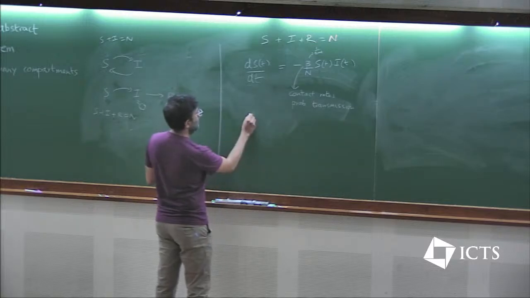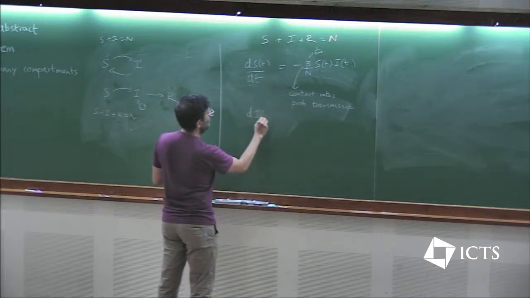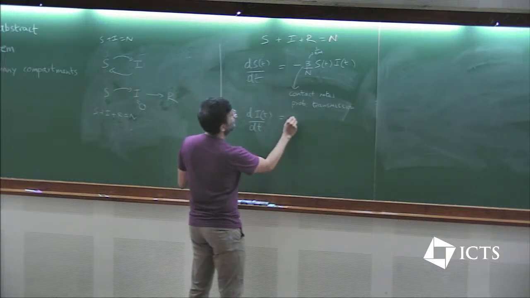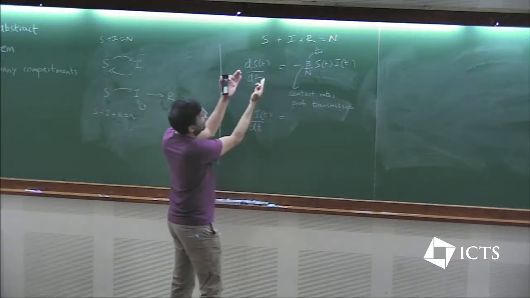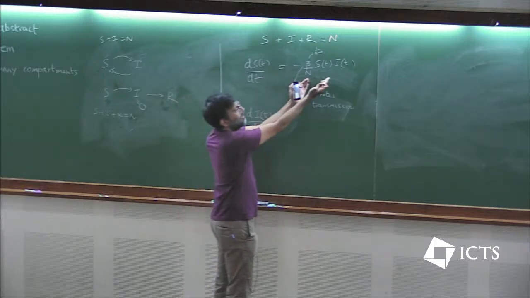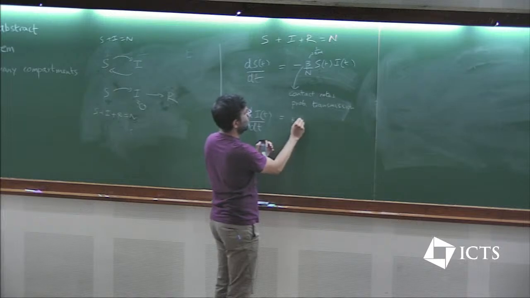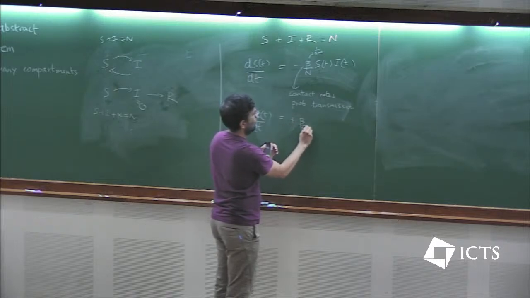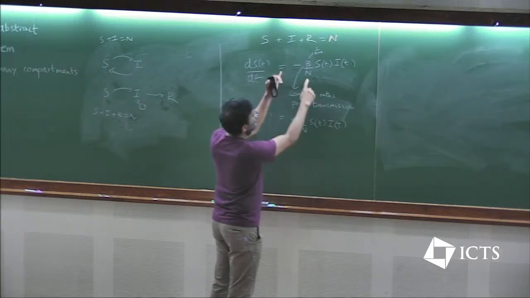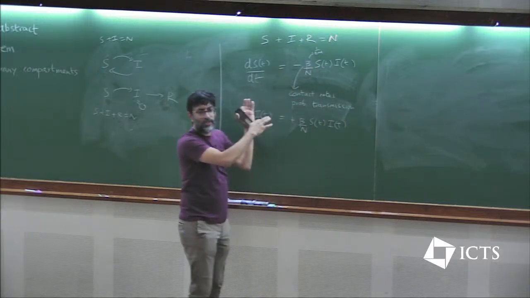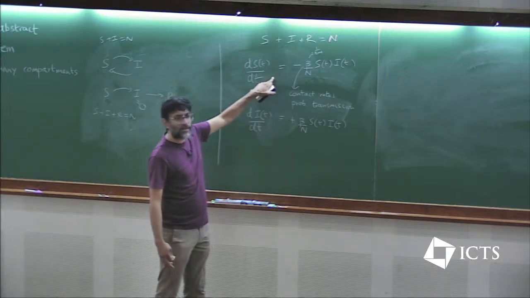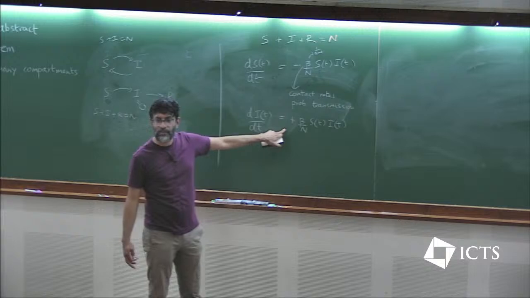Then we have to do the infected, which is this. Whichever term reduces the number of susceptible, that same term comes here with a plus sign. Because what's happening? In this reaction, a susceptible met an infected and became infected, which decreases the number of susceptible and increases the number of infected.